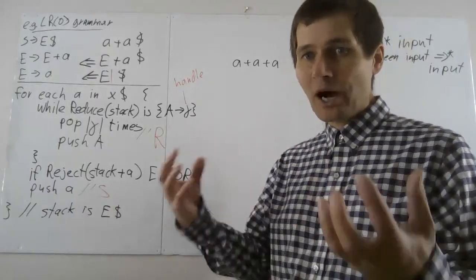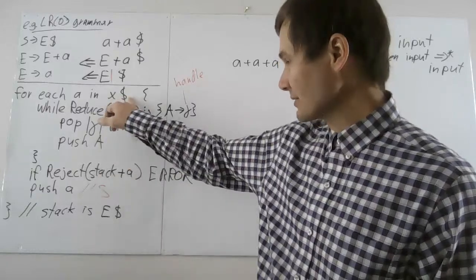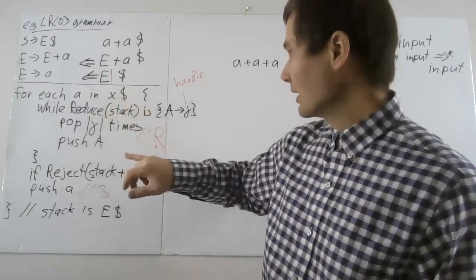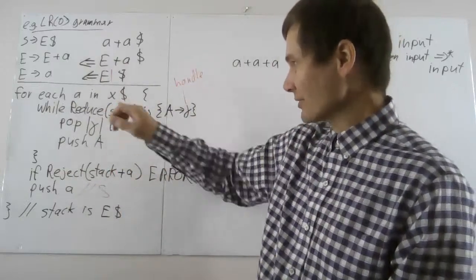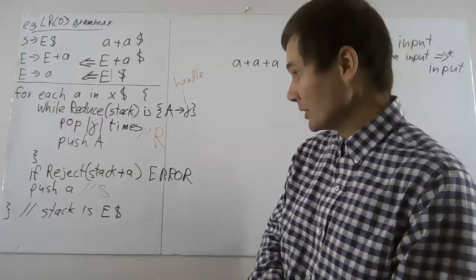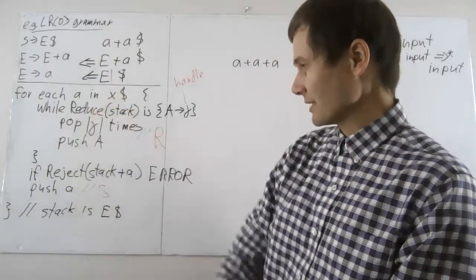And why? Well, because the $ is a fresh symbol, so it can't show up anywhere other than the end of the input. I just pushed A, and it was the last thing in the input.